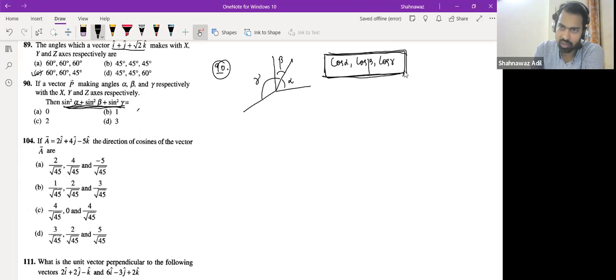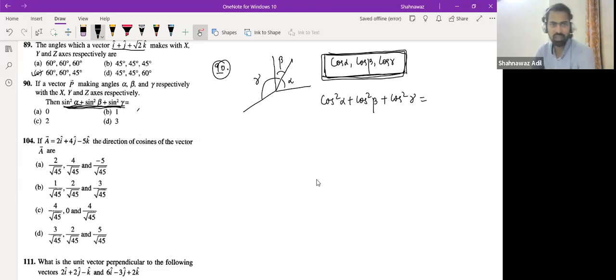That is called the cosine law. Cos square alpha plus cos square beta plus cos square gamma. Right, so this is resembling this term.